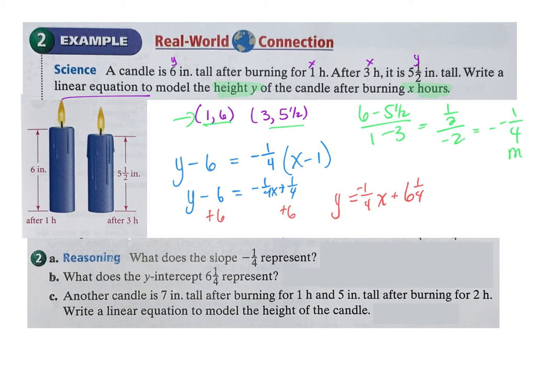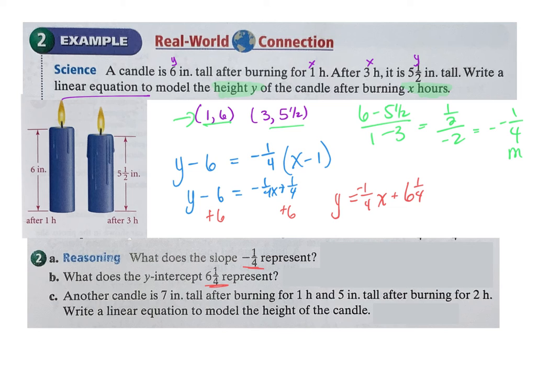This is the reasoning. What is the slope? Negative 1/4. What does that represent? How fast this is burning. So it is losing 1/4 of an inch every hour, according to this, right? Every hour. What does the 6 1/4 represent? Where it started. Yeah, so how tall the candle was initially. The candle was initially 6 1/4.